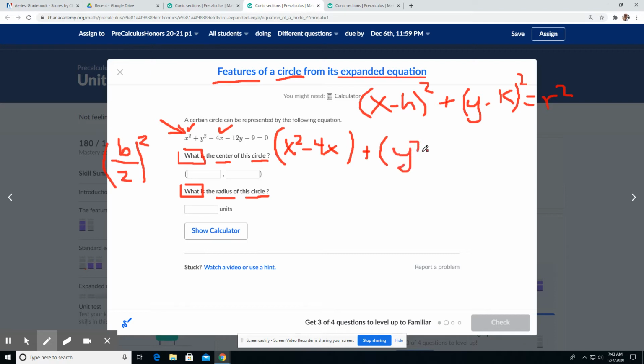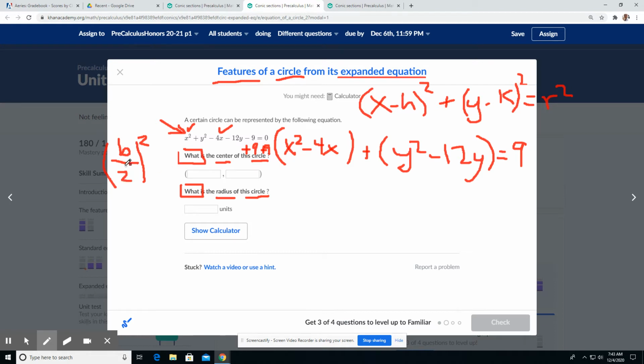We have y squared minus 12y. And this negative 9, let's just go ahead and add it to both sides right here. So I'm going to add 9 to this side, add 9 to this side. So this equals, instead of 0, it will now equal 9. That way the constant doesn't get in the way on the left.